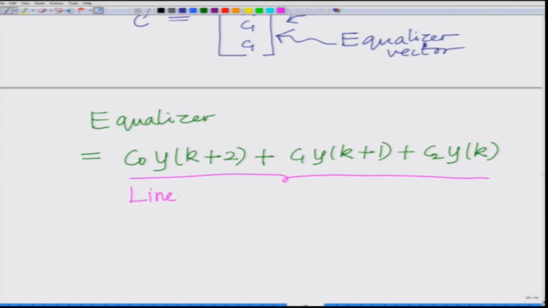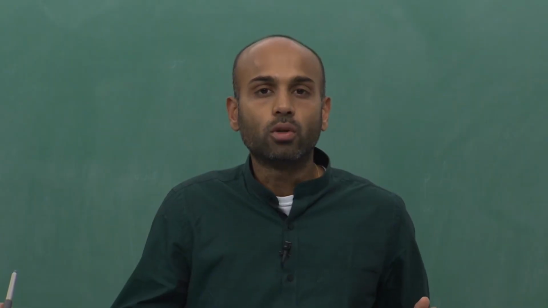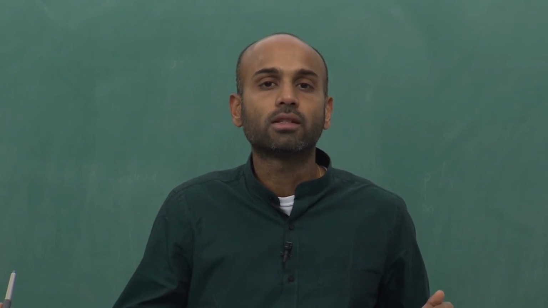This is basically your weighted linear combination of the outputs yk plus 2, yk plus 1 and yk. So, what we are saying is basically we have a 3 tap equalizer which comprises the weights C0, C1, C2. These are the 3 taps of the equalizer vector C bar.